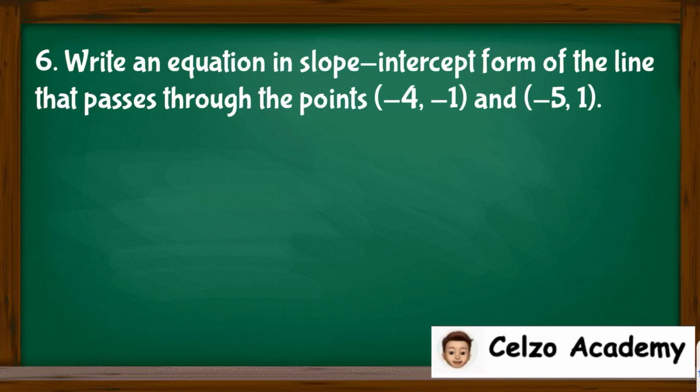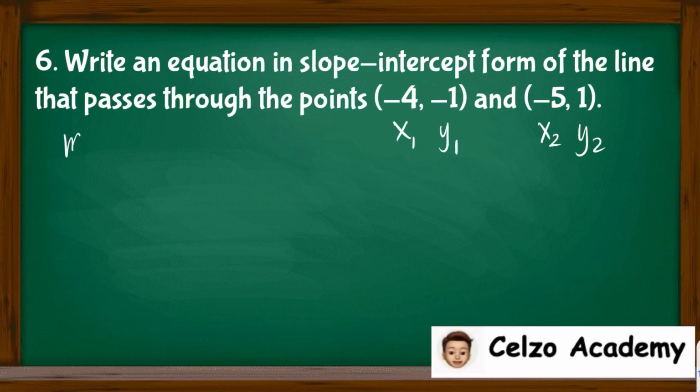Question number 6. Write an equation in slope-intercept form of the line that passes through the points (-4, -1) and (-5, 1). (-4, -1) is our x sub 1, y sub 1. (-5, 1) is our x sub 2, y sub 2.